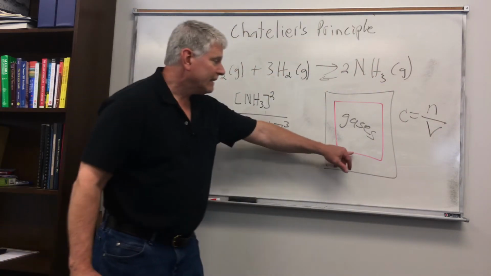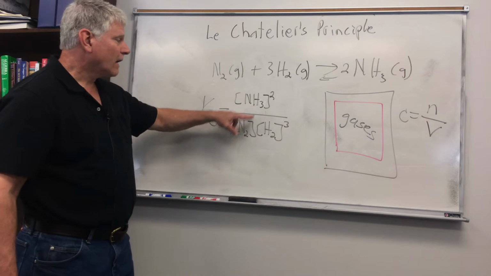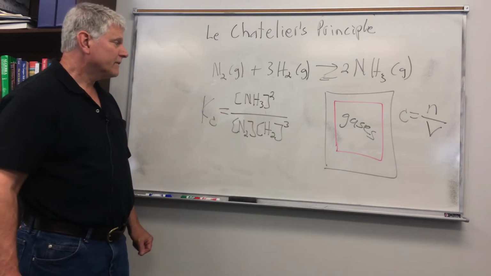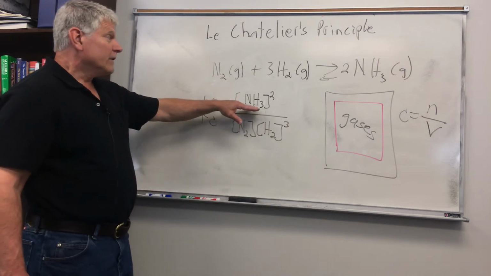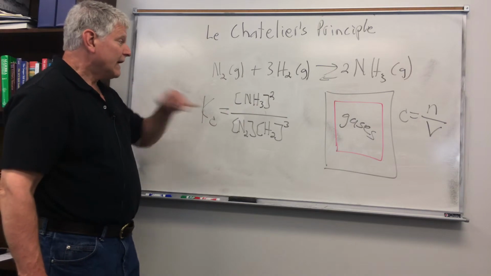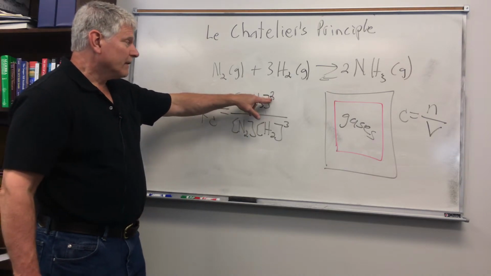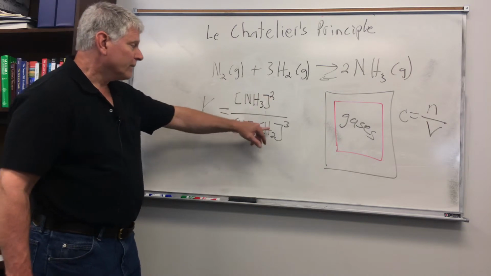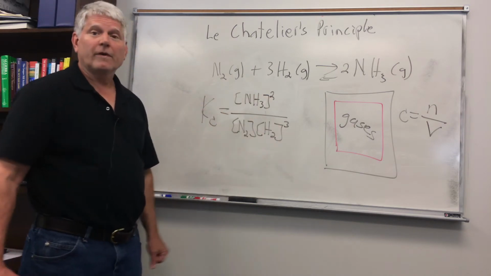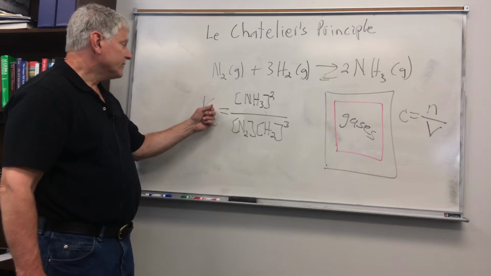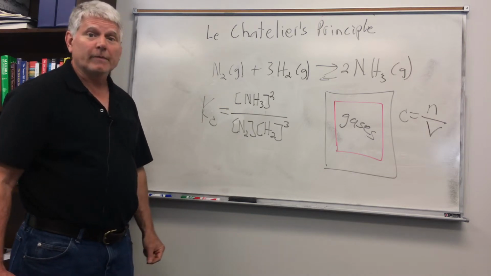So if we change the volume, we're changing the concentration of each species. But you can see here that if we change the volume, here the volume is changing by squared, and here the volumes are changing by the fourth power. So this is going to change the value of the equilibrium constant.